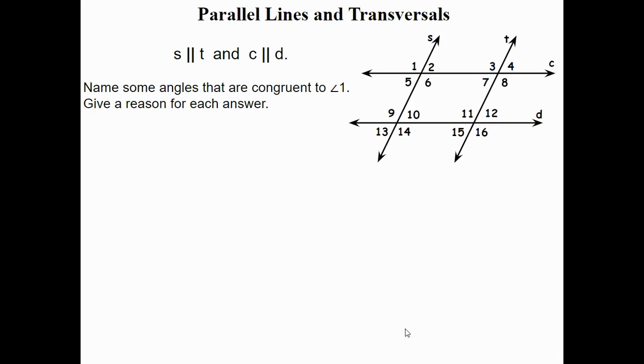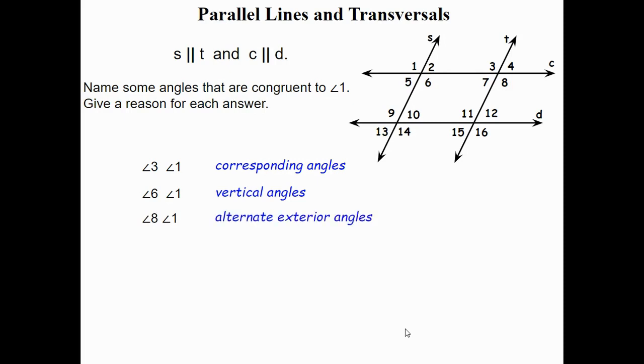You can stop the video and practice, but when you start it up, here are some of my justifications. 3 is congruent to 1 because it's corresponding along the line there. 6 and 1 are congruent because they are vertical. 8 and 1 are alternate exterior angles along that transversal. 9 and 1 are congruent because they are corresponding. 14 and 1 are congruent because they are alternate exterior angles.